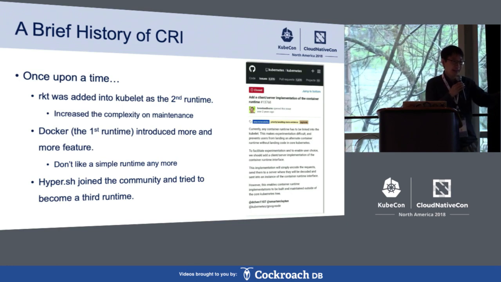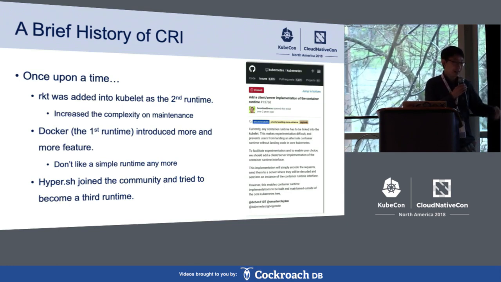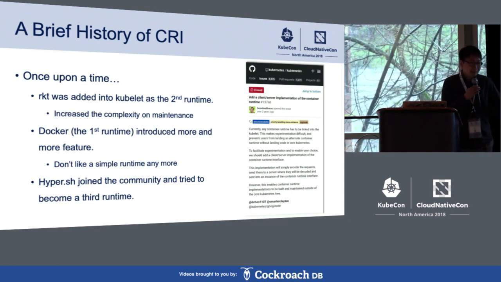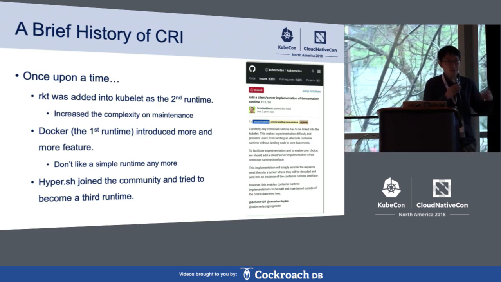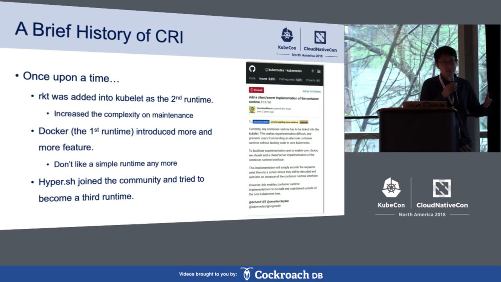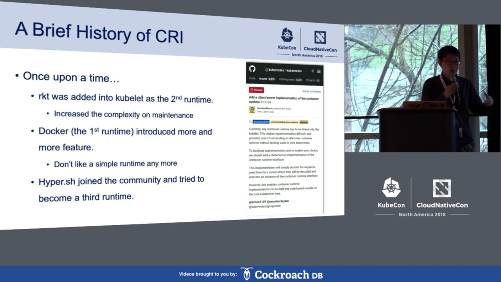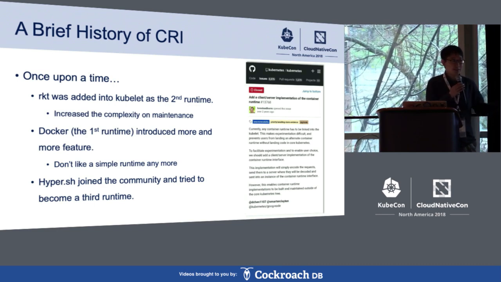There's always a Rocket package in the Kubernetes code base, so we have to think about it. This is actually a very difficult problem for all the maintainers of Kubernetes because none of them knows the Rocket project very well. So whenever there is a small problem, we have to seek help from the CoreOS guys. It makes Kubernetes very difficult to maintain.